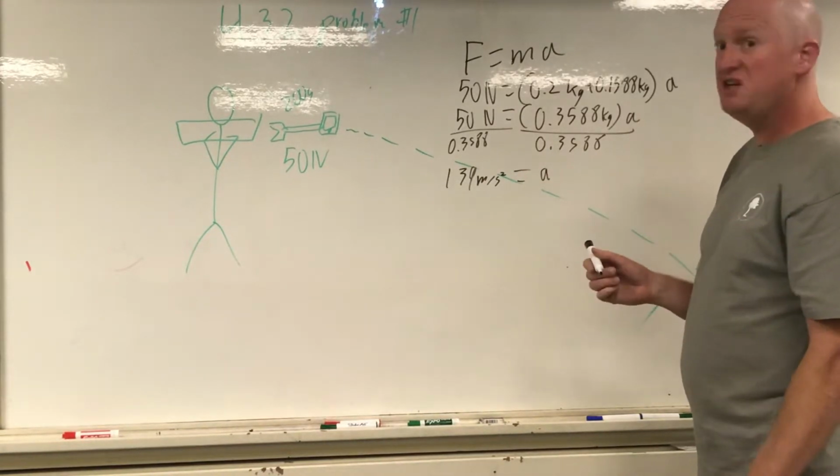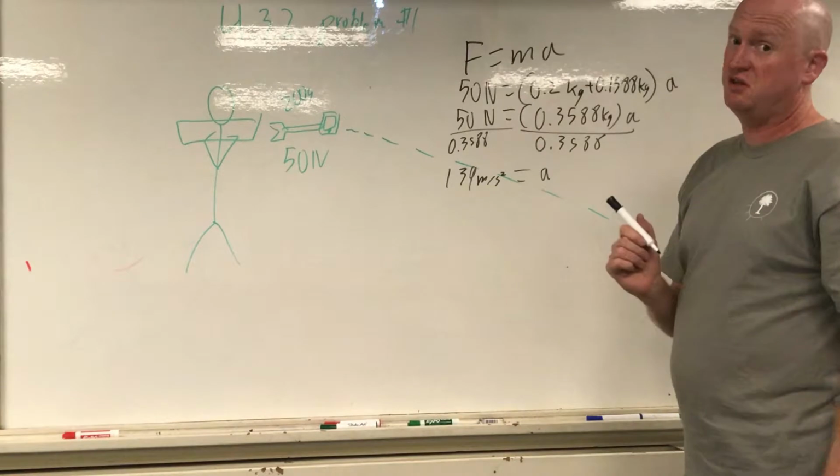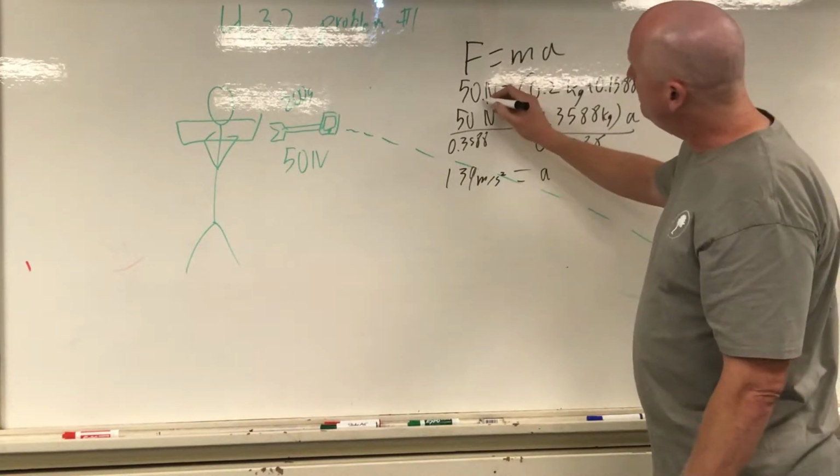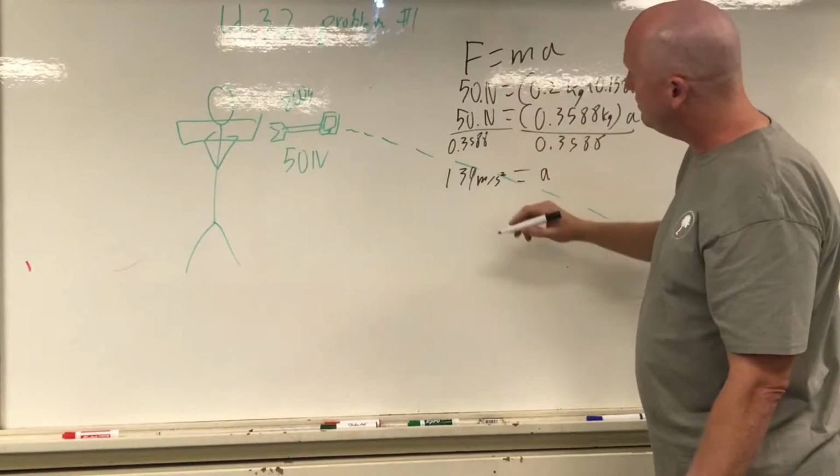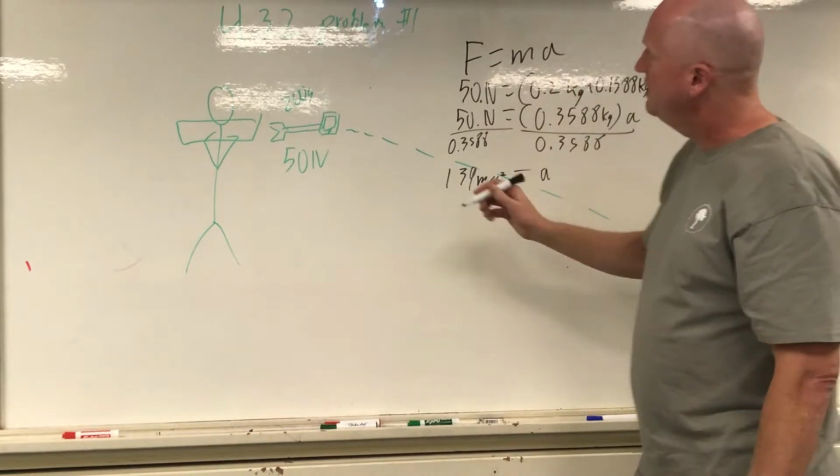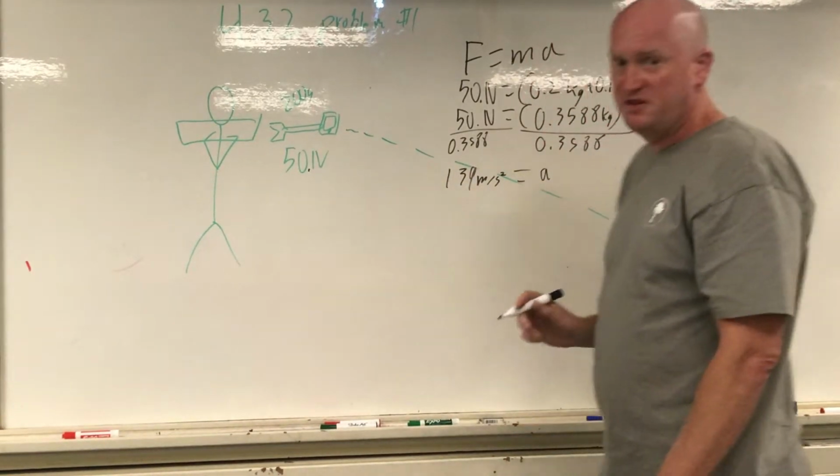So that's your acceleration. It's pretty good acceleration. I told you this thing was handy. By the way, 50 newtons, that's exactly tested. That's exactly 50 newtons. Just in case you were wondering. It puts out exactly 50 newtons.